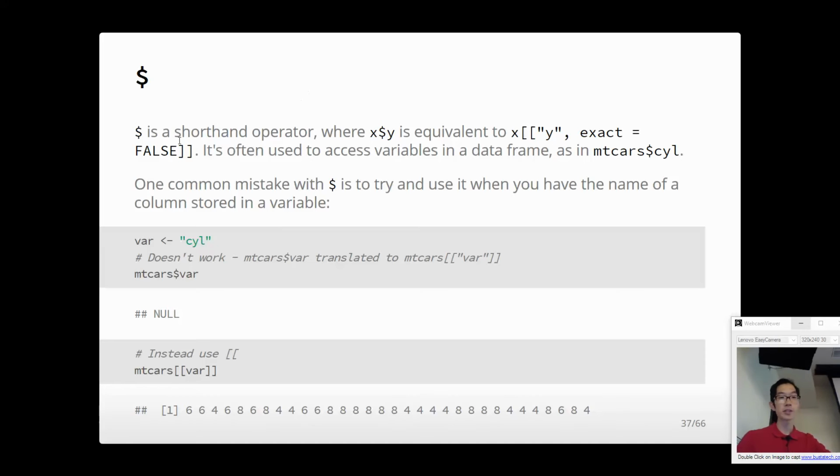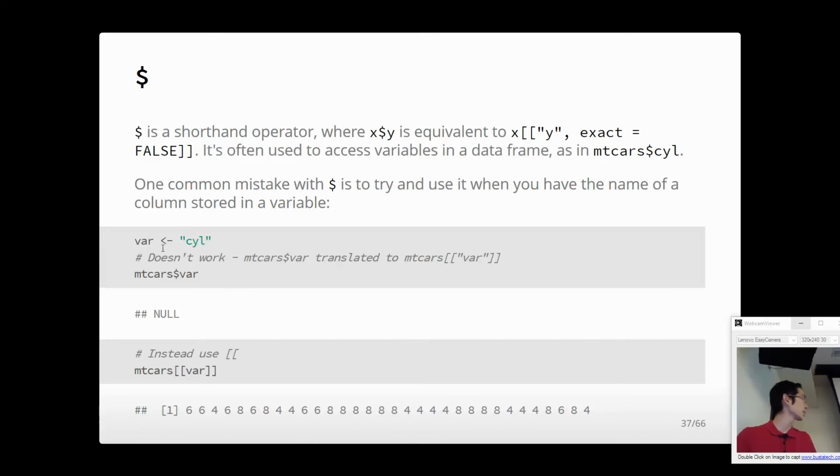The $ sign is shorthand for using double bracket with a character vector. So if you have named columns inside your data frame, the $ sign is effectively doing double bracket, so it simplifies it to whatever it is.